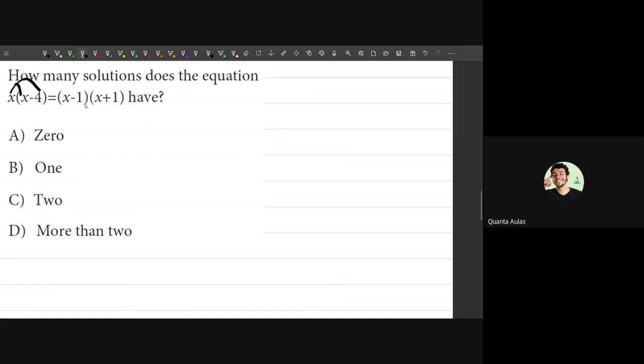First, the distributive, we have x squared minus 4x. And here we have a special product, okay? The special product is x squared minus 1, because we have the same thing, but different signs, okay?